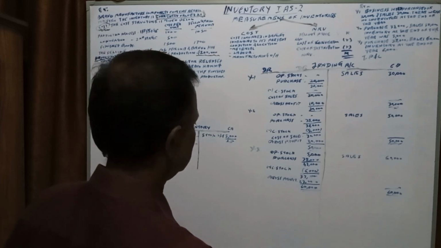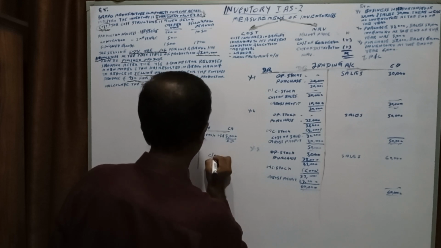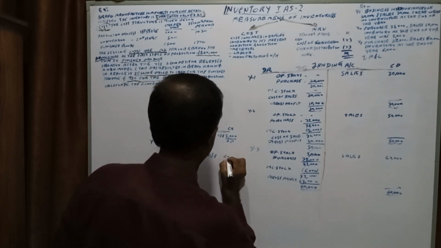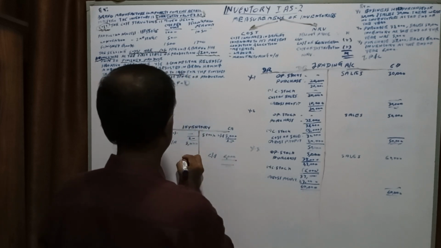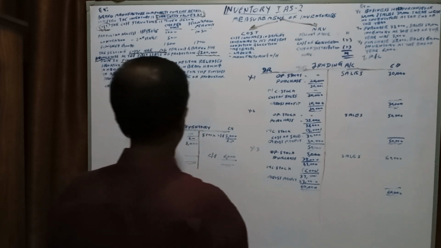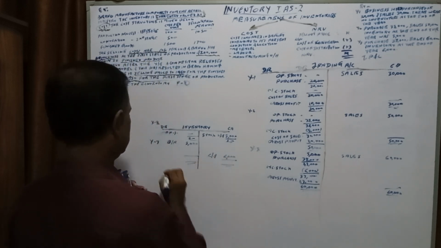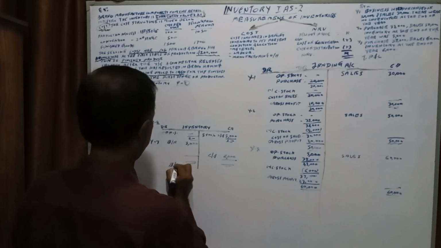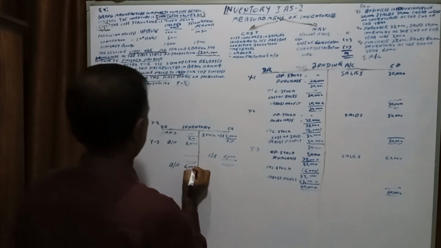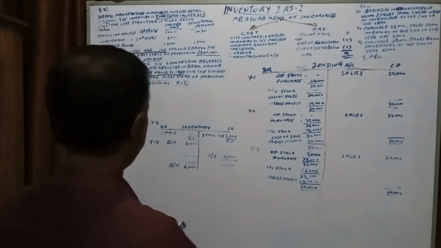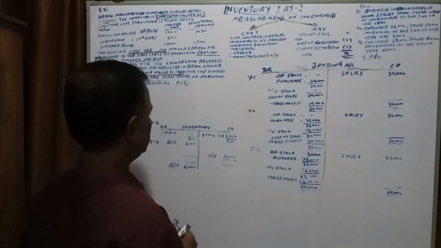They say the year-end carried down value is 6,000, right? Carried down value is 6,000. So it should be the brought forward value for the next year, right? This will go to the balance sheet. This amount will go to the balance sheet.